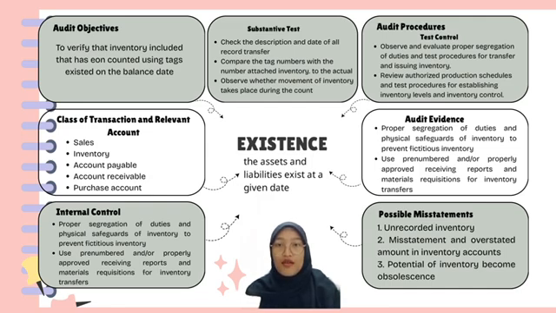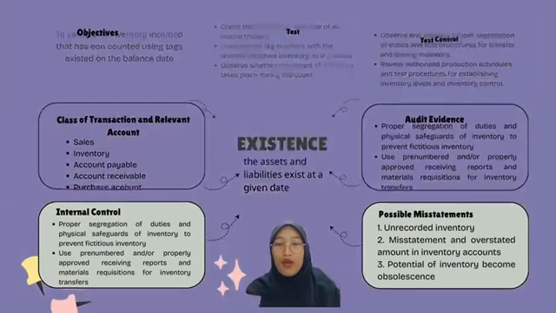We will also cover essential internal controls such as proper segregation of duties and review various audit evidence sources. Finally, we will highlight common possible misstatements related to existence, such as unrecorded inventory and overstated amounts.